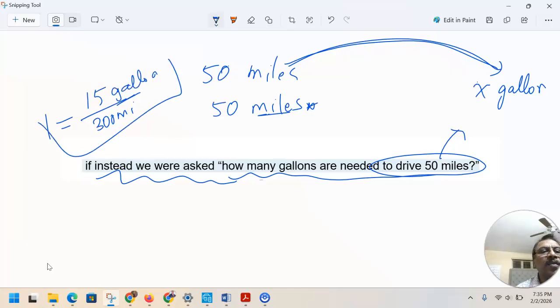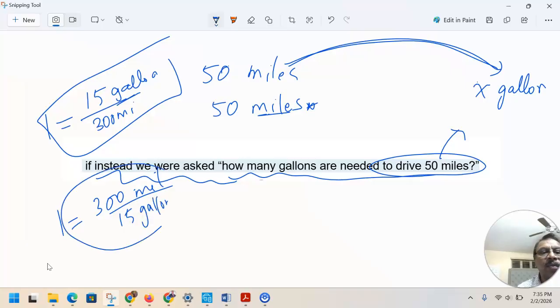So there is a little confusion about when you use this, or when you use this one. You have to be careful which rate you are using here. So here I'm going to use 300 miles can be driven with 15 gallons.